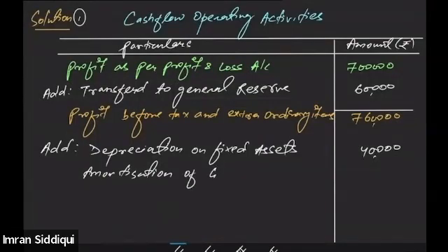Yes. So amortization of goodwill will be added as well. Right? And then we have to subtract the gain on sale of land.